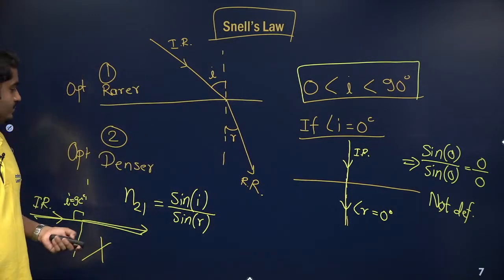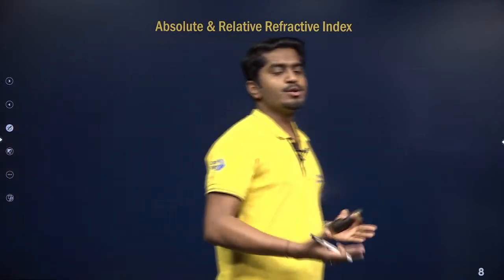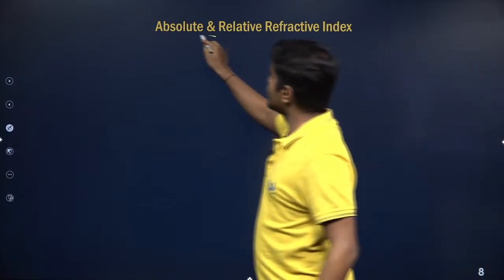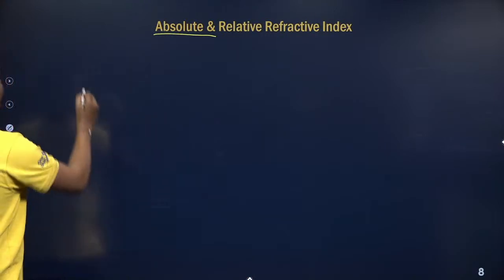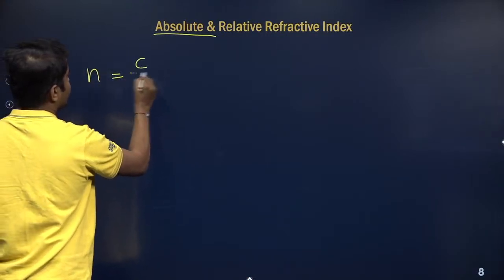Clear? Okay, so now, do you know what the absolute and the relative refractive index are? How is the absolute refractive index defined? The refractive index of any material is defined as c divided by v.